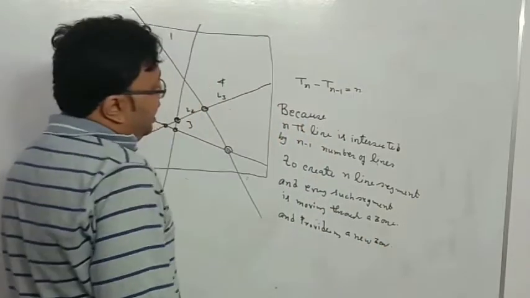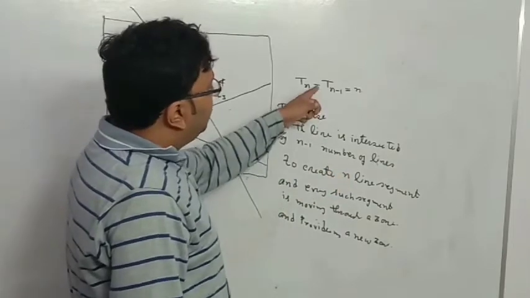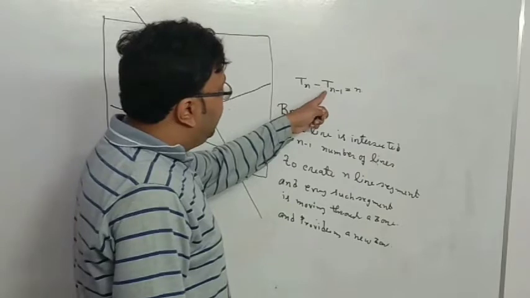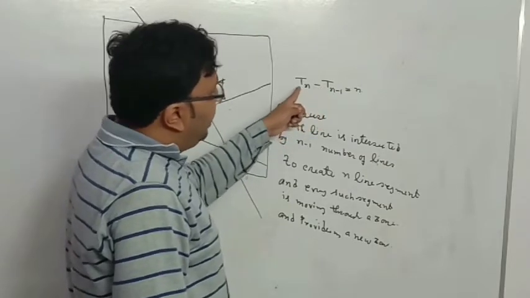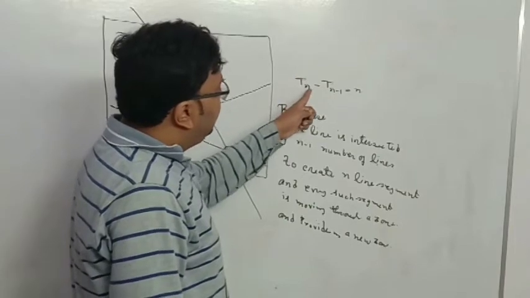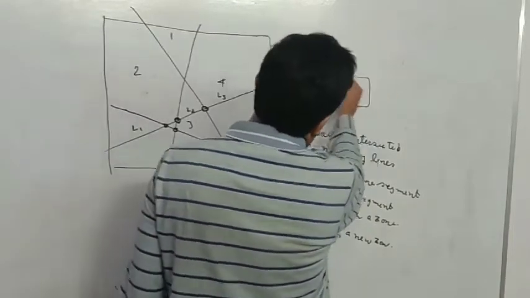That means, as we have n line segments, we will get n new zones. So, if Tn minus 1 is the number of zones when n minus 1 lines are drawn, and Tn the number of zones when n lines are drawn, their difference has to be equal to n. So, this is the equation of recursion.